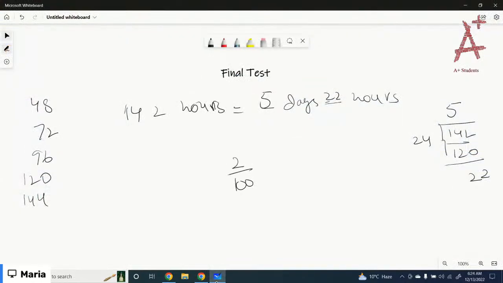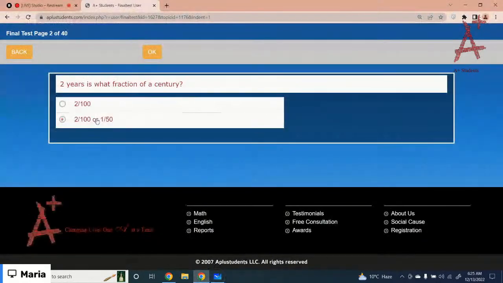You can divide them by a common number, that is 2. 2 times 1 is 2 and 2 times 50 is 100. So it is 2 over 100 or 1 over 50. They are exactly the same. Got it, everyone? So select the correct option, then click on the OK button.